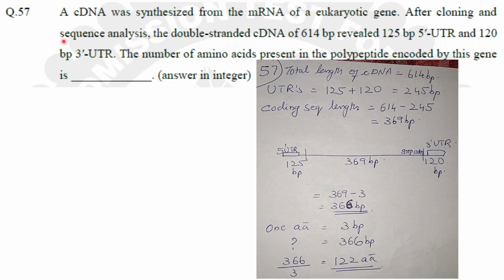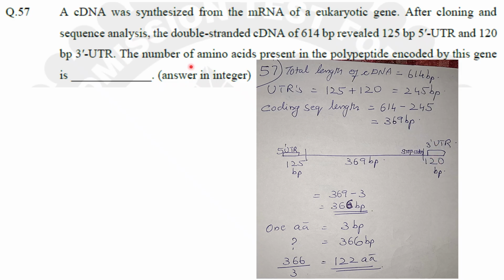So after cloning and sequence analysis, the double-stranded cDNA of 614 base pair, so total length of cDNA is 614 base pair, revealed 125 base pair 5' UTR, see here 5' UTR 125 base pair, and 120 base pair of 3' UTR. So here 3' UTR is 120 base pair.